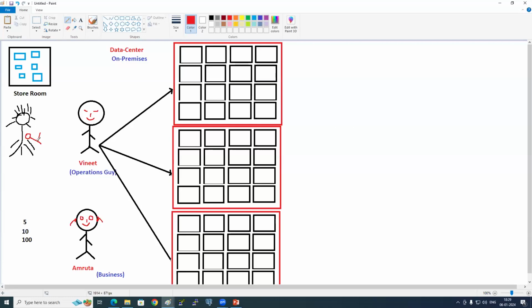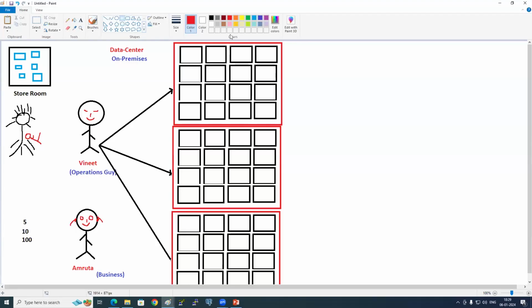Vinit is just lying under the tree. So now he's thinking, for each and everything I am getting problems. There are so many problems. He's already frustrated, right? Why am I getting so frustrated? What is the problem? For each and every requirement, I'm going and purchasing new servers, new servers.